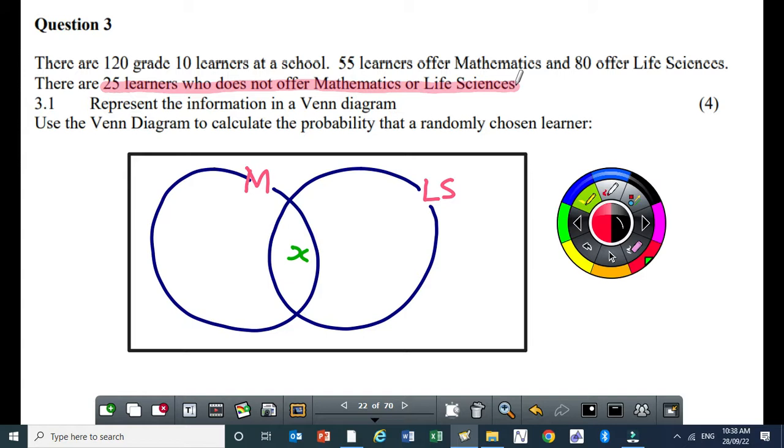So those 25, we can put them outside the two events. I'm going to put those 25 outside. So you deal with what's common first, then also try to identify what doesn't belong to both given events.